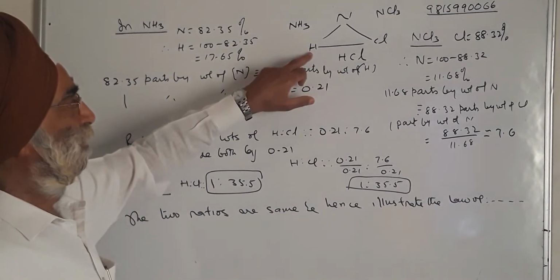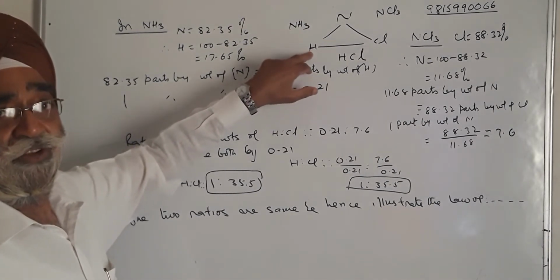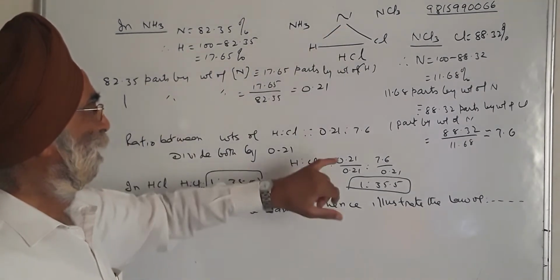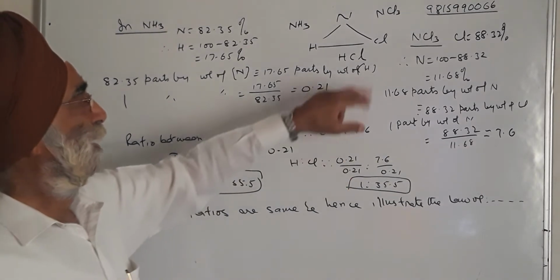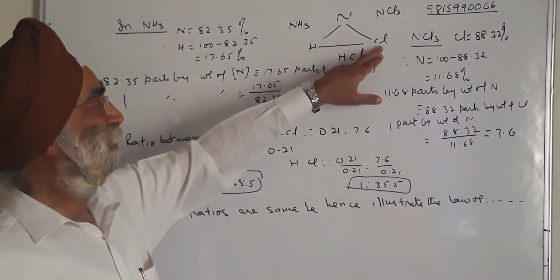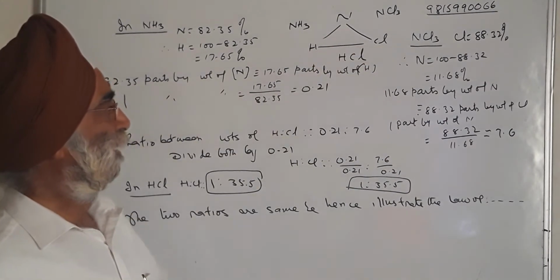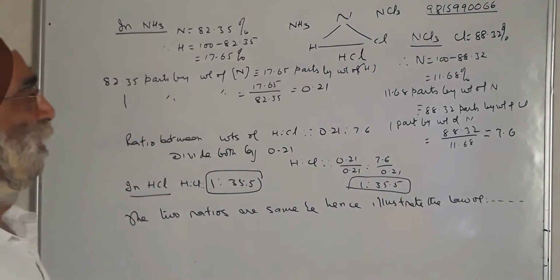So in ammonia, we determined the weight of hydrogen which combined with one atomic mass unit of nitrogen; it came out to be 0.21. The weight of chlorine which combined with 1 AMU of nitrogen came out to be 7.6.